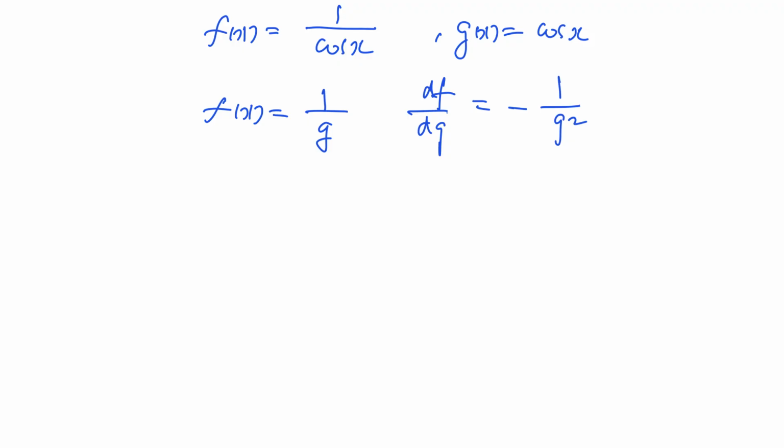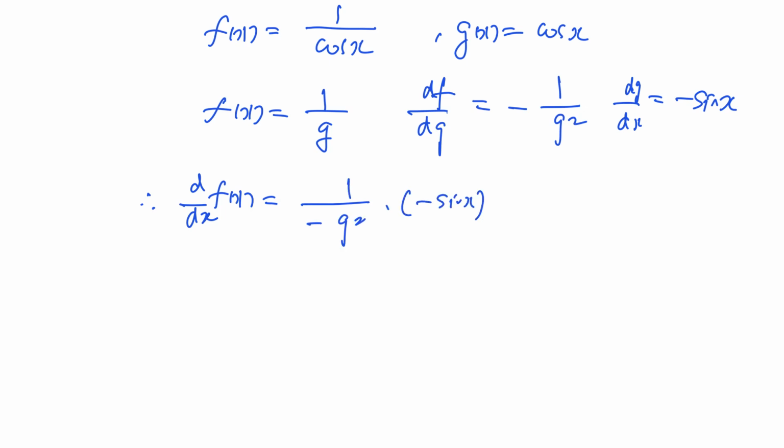And dg/dx is minus sine x, right? So d/dx of f of x is minus 1 over g squared times minus sine x, which is sine x over cosine square x.